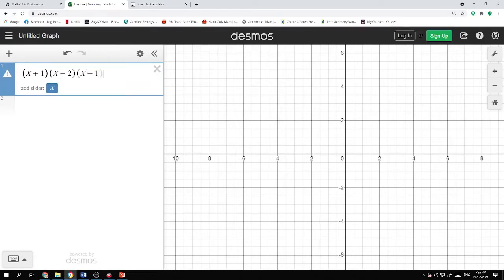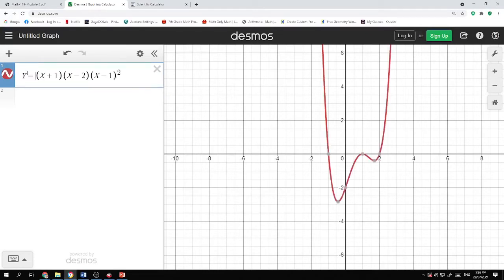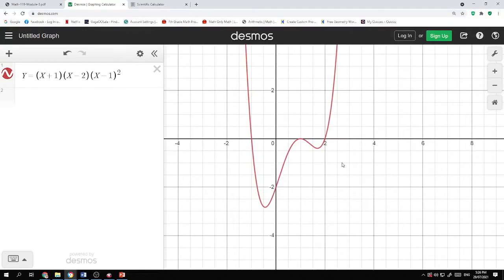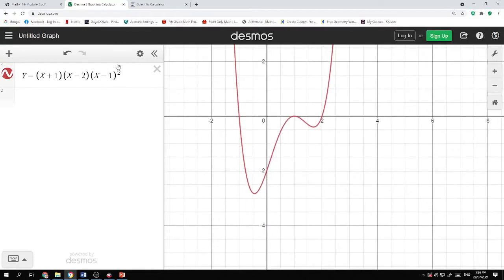And let's have an exponent here. Exponent 2 for that. Then, do not forget, this is y is equal to para ma-plot ang graph. Okay, look at this one. This is now the graph of this polynomial function.